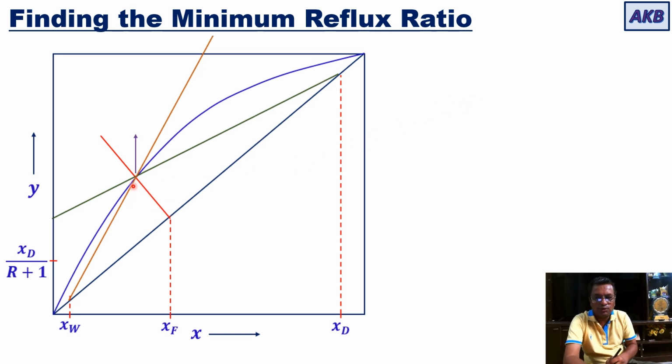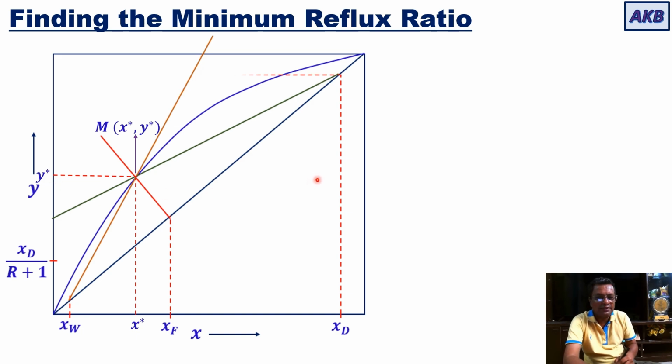Okay, so I'm going to name this point as point M, and let its coordinates be x star and y star. That means the x coordinate is x star and the y coordinate is y star.